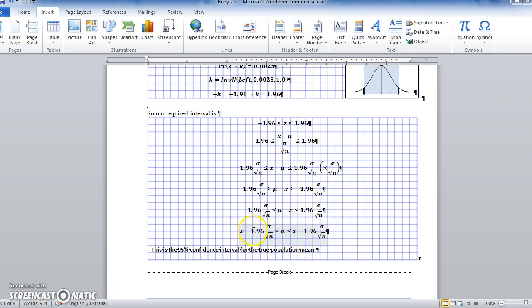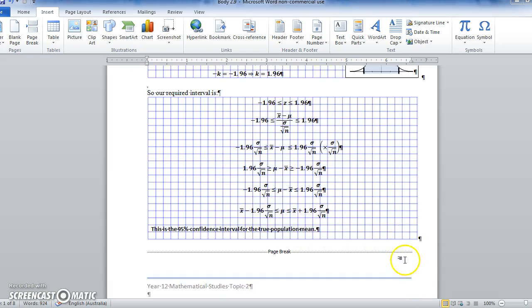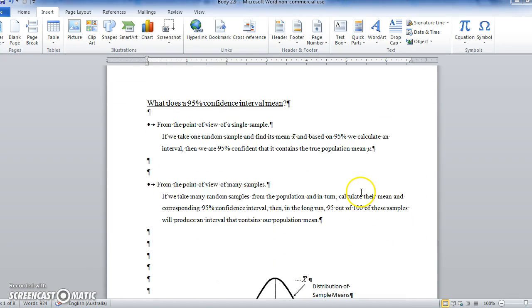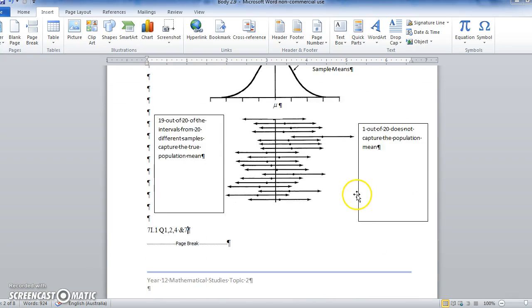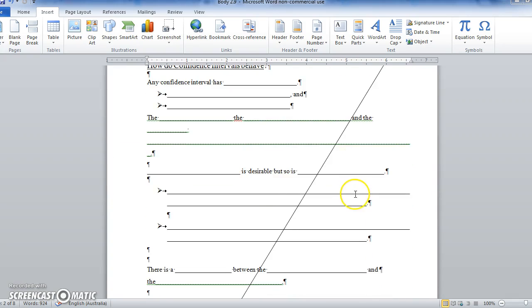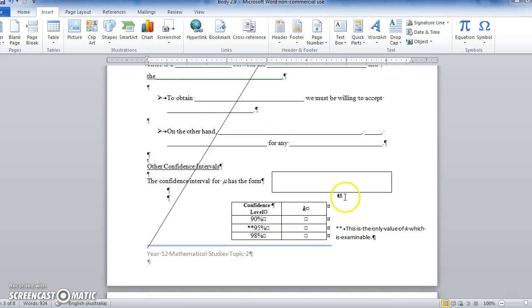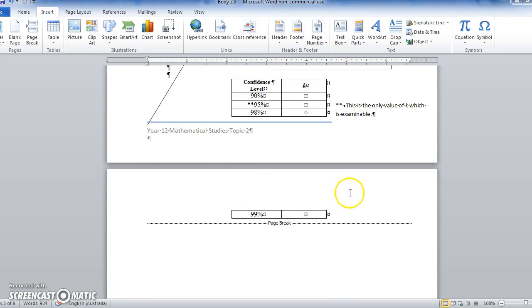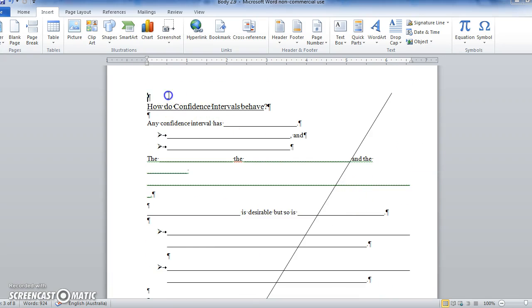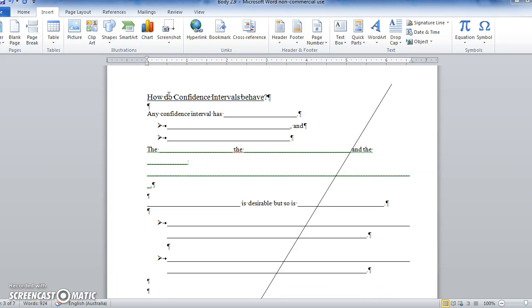So those two values there, x bar minus 1.96 sigma on root n, and x bar plus 1.96 sigma on root n, are what you use to calculate your 95% confidence interval, and then we looked at what that meant. So there's sort of this trade-off between the confidence level and also how much we can say about our mean.